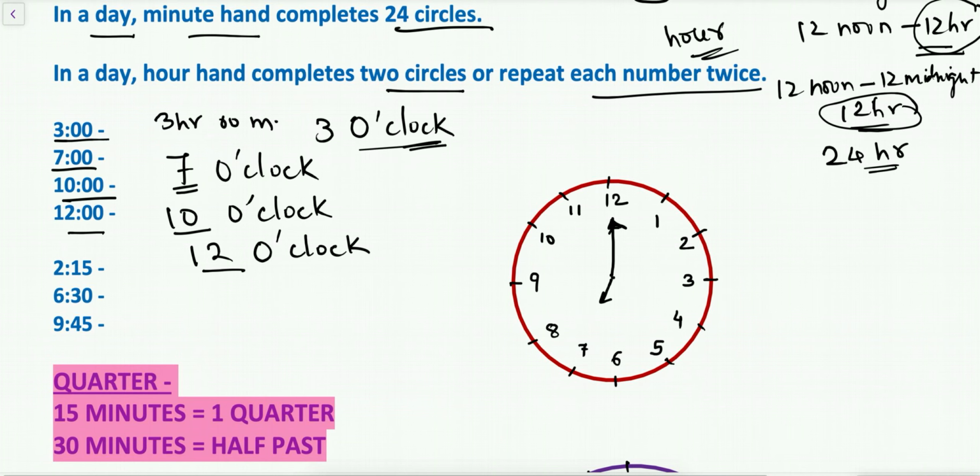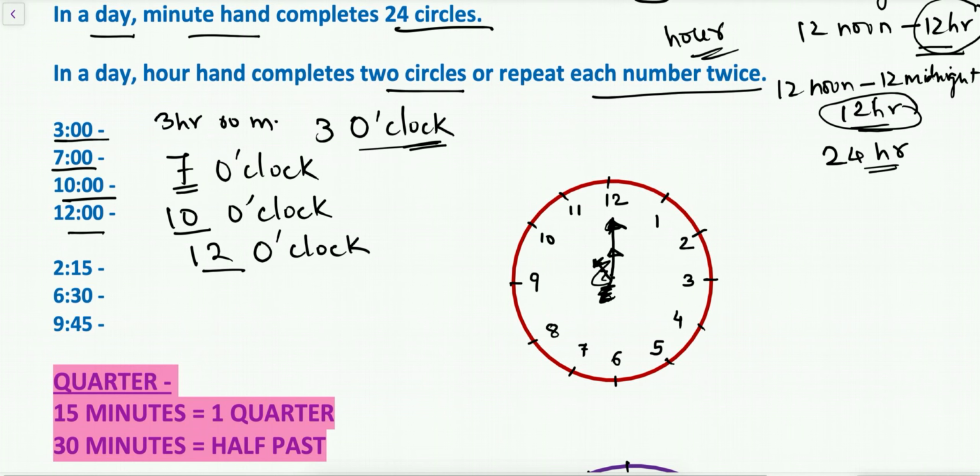Now we'll see 10 o'clock. The hour hand will be at 10 and the minute hand at 12. Similarly, for 12 o'clock, both hands will be on 12 itself. So this is how the clock moves.